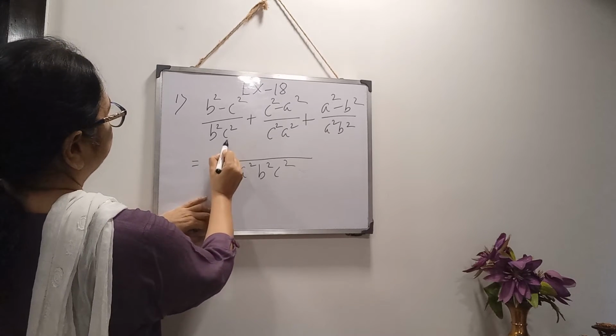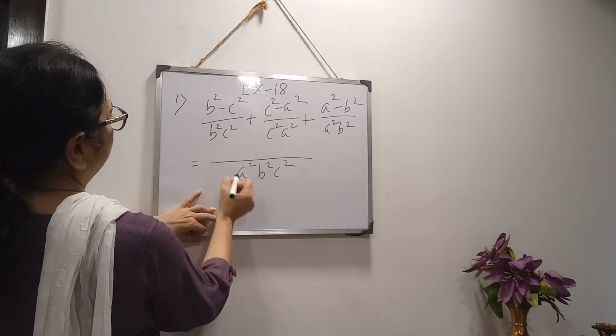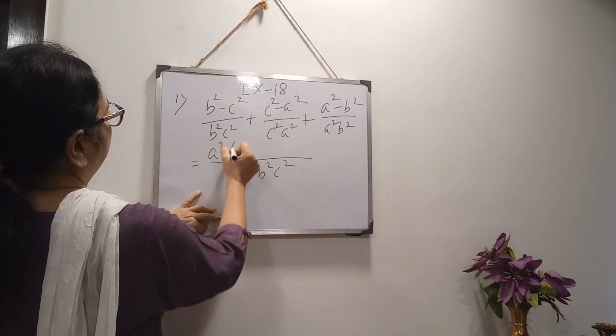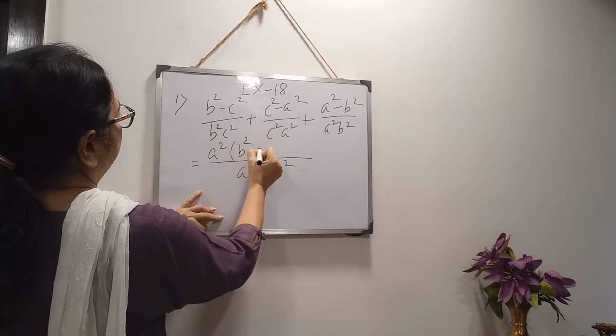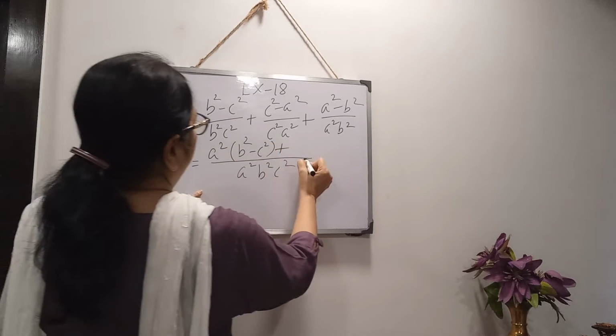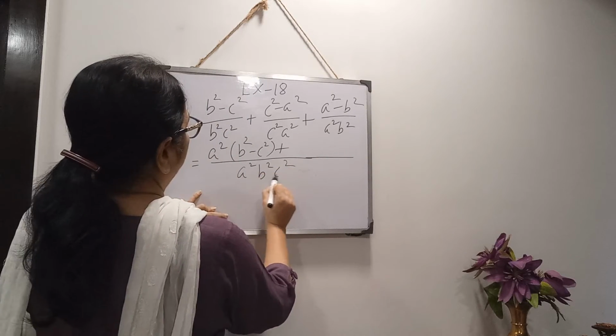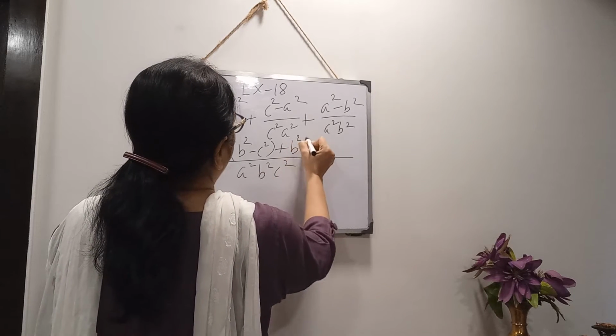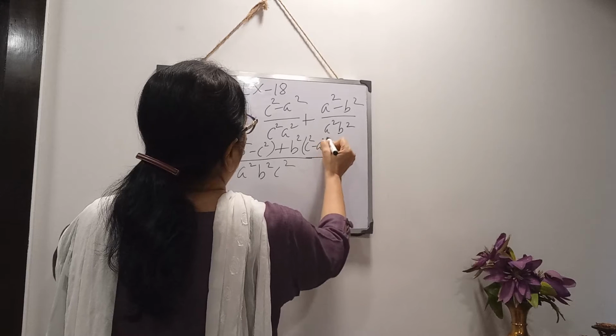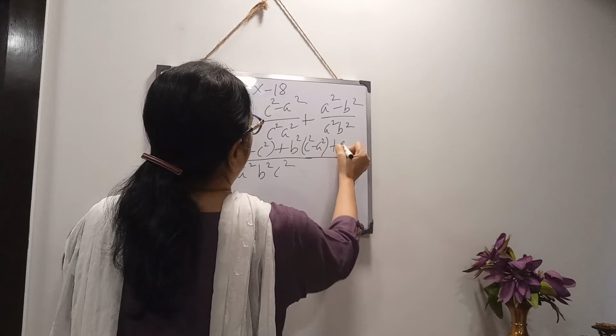Now b square c square is there, missing a square. So this numerator I have to multiply by a square. Second one, c square a square, b square is missing. In this way, last one, c square is missing.